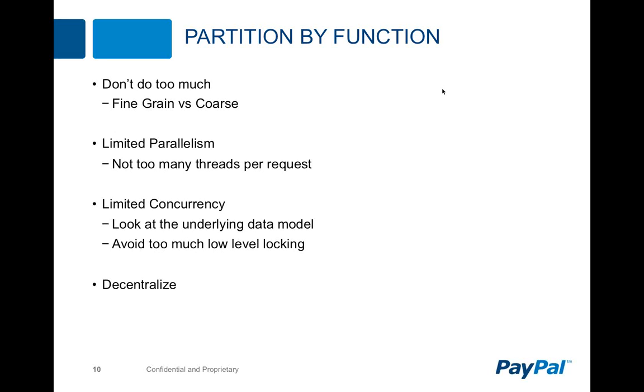Same thing on concurrency, right? So if you're trying to do too much, like when your subsystem is trying to talk to the transaction system or the settlement system and the invoice system, etc., and you need data from all that, you should probably look at your system. Is that the right data model? Why am I doing so much low-level locking?